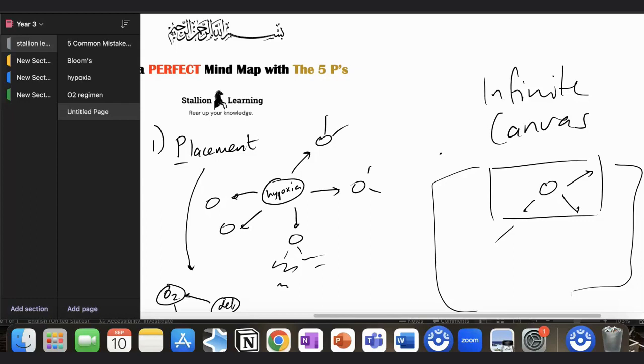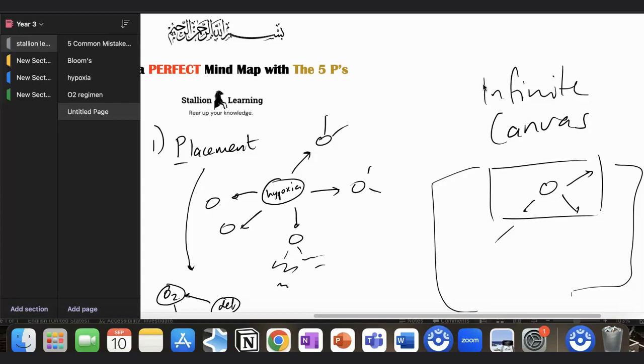But it's all about how it links to you personally, how you're going to memorize it, because at the end of the day, everyone's going to be sitting down in their own seat with their own piece of paper. You're going to write what you've remembered over that exam season. So yeah, that's pretty much it, guys.